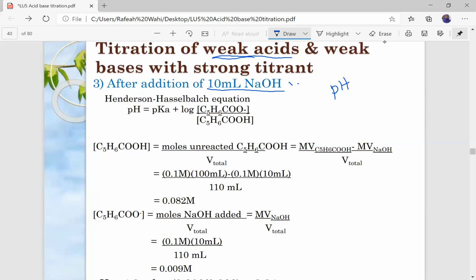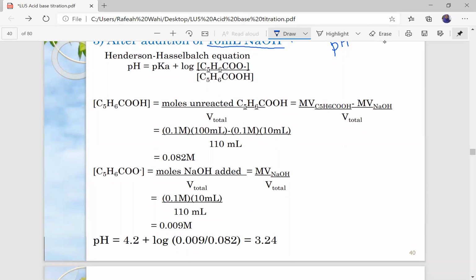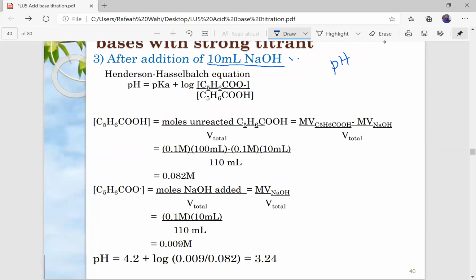Before reaching the equivalence point, you have to calculate the excess concentration of acid. Excess means moles unreacted. So you have the number of moles of acid minus moles of base divided by the total volume.